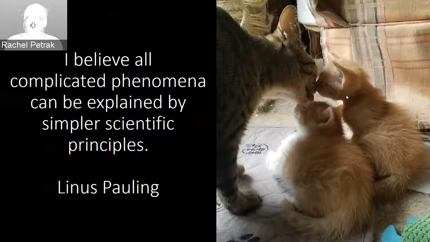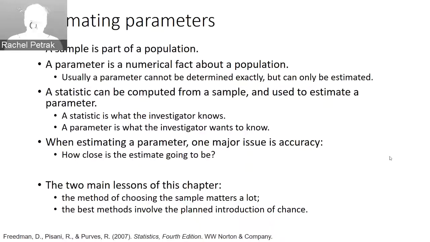Certainly, when you're applying these ideas in the real world, it's incredibly important to understand. To get into thinking about sampling, let's first look at some vocabulary, and as it pertains especially to this idea of estimating parameters.